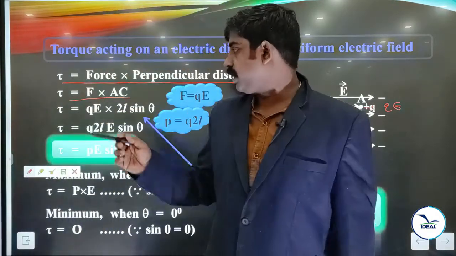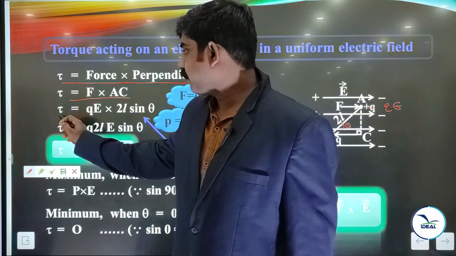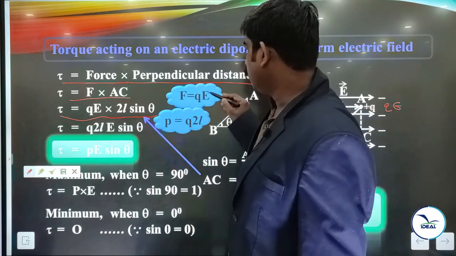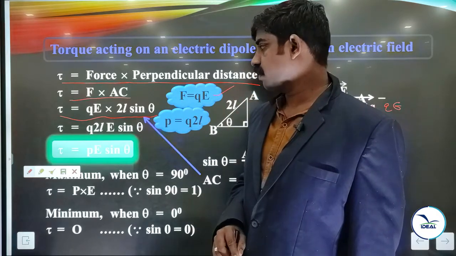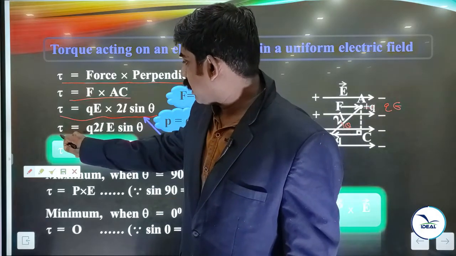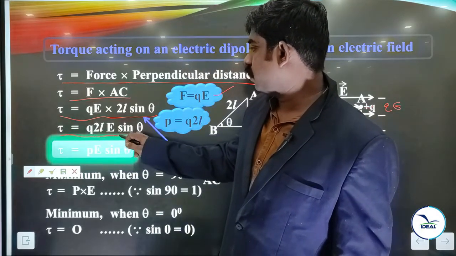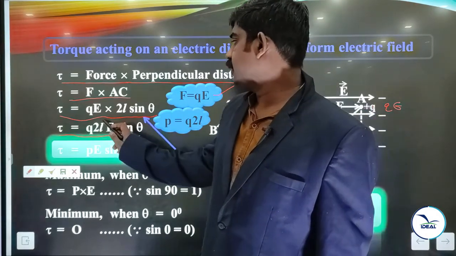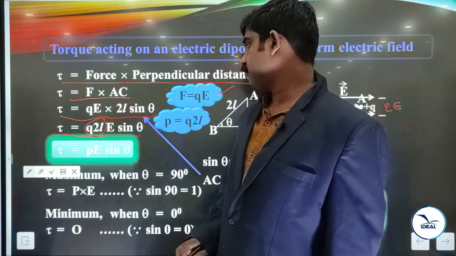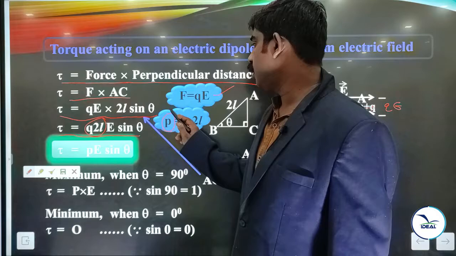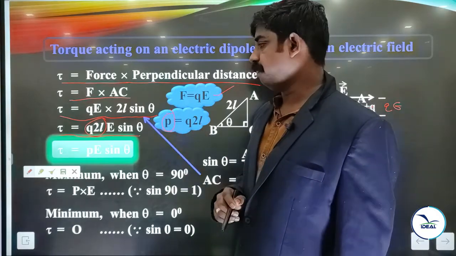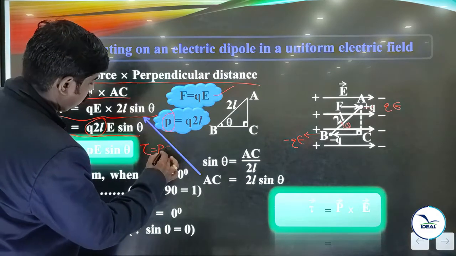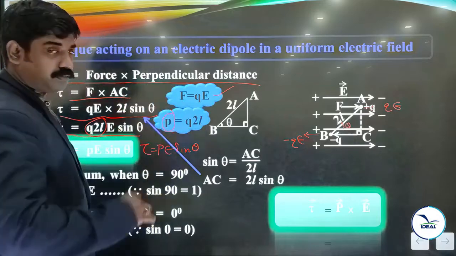We substitute this: torque is equal to QE into 2L sin theta, where QE is the force. We can arrange it as torque is equal to Q into 2L times E sin theta. But Q into 2L is the dipole moment P. Therefore, torque tau is equal to PE sin theta.